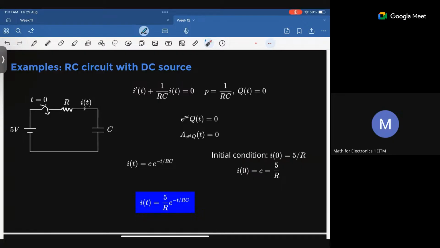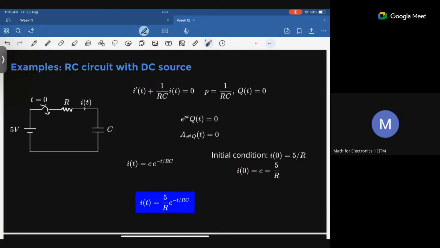I of 0 is phi by R. Substituting t equal to 0, you will see that C is I of 0, so C is phi by R. Substitute that and you will get I of t to be this.